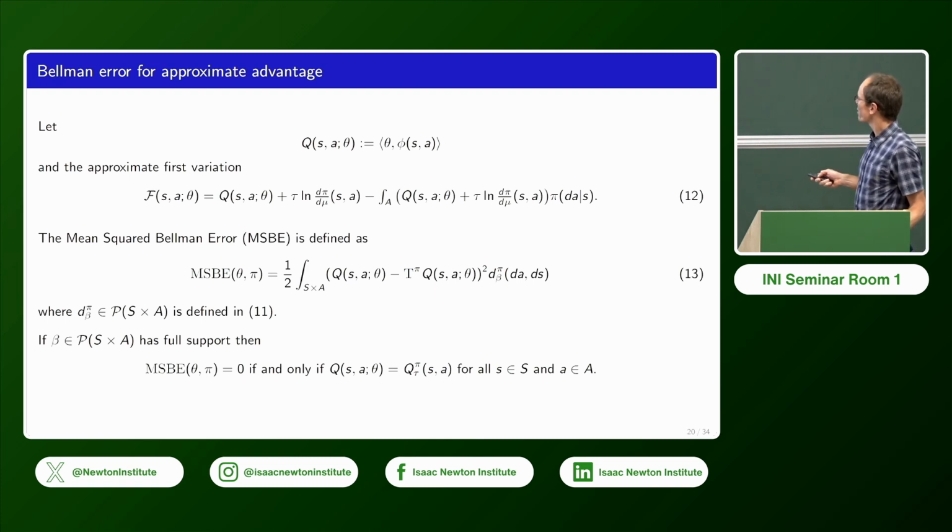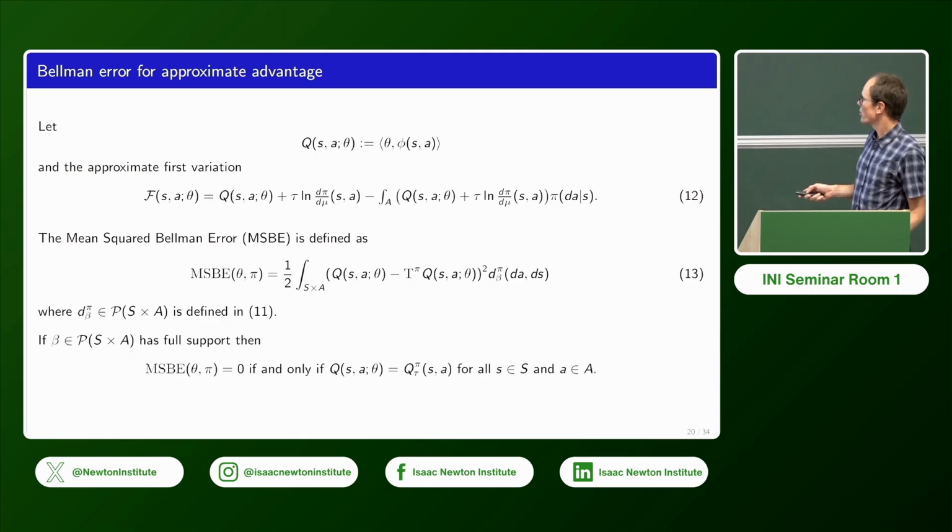So for the critic, we first look at this Bellman error. In other words, we are saying, okay, I want the Q function to be a solution of the fixed point problem under the Bellman operator, which was capital T, which we've seen.